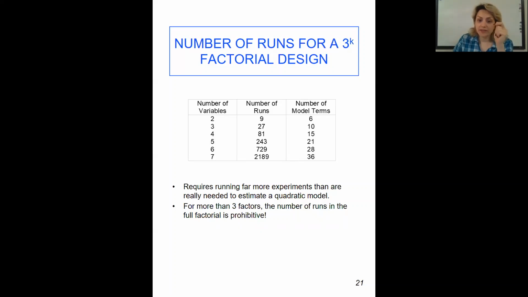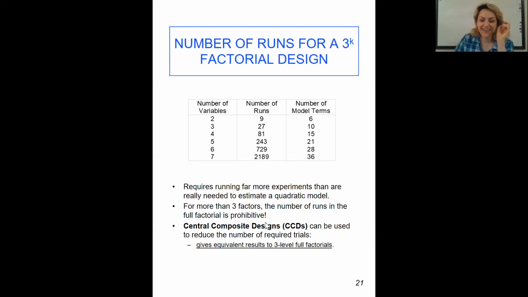For more than 3 factors, the number of runs in the full factorial, we don't want to go there. It's better to use central composite design, which is going to help us here as well. Central composite design can be used to reduce the number of required trials if you have more than 3 factors. So it gives equivalent results to 3-level full factorials.